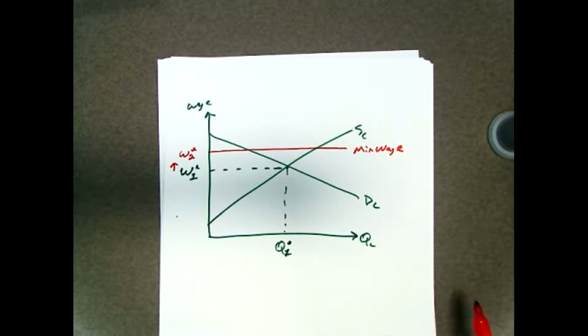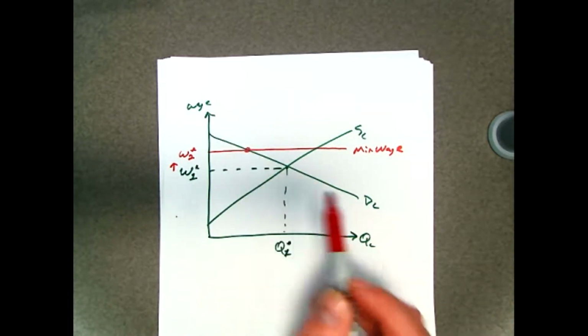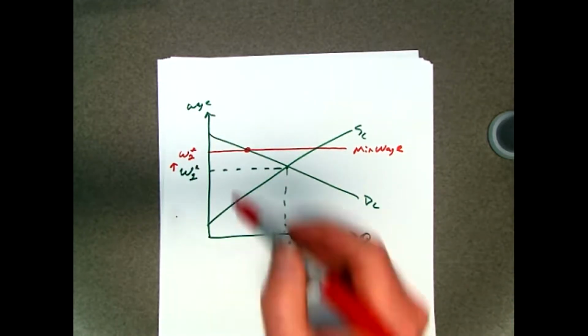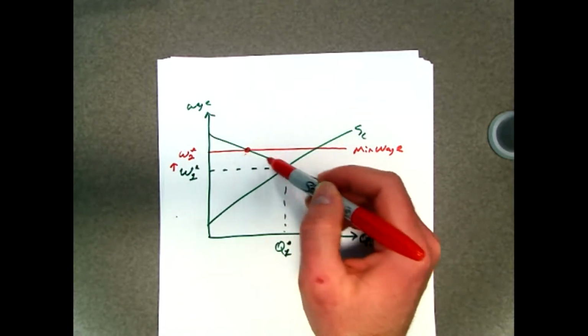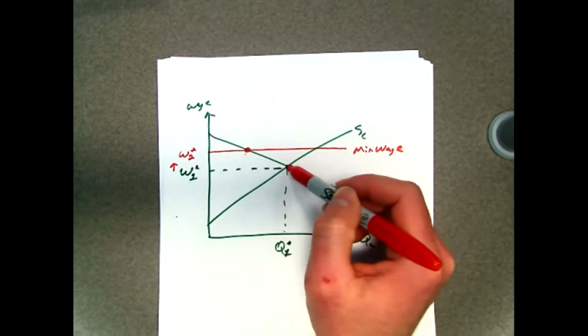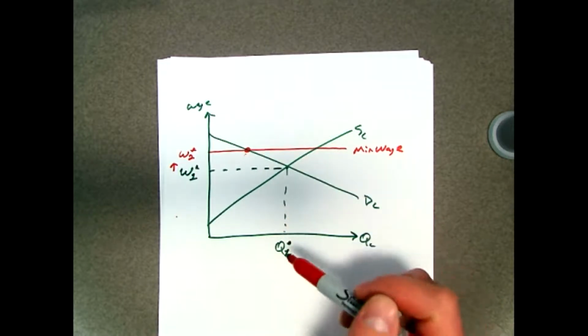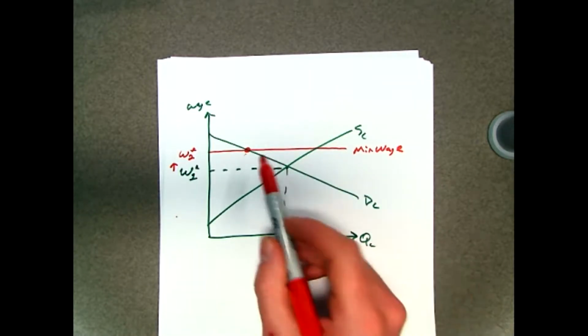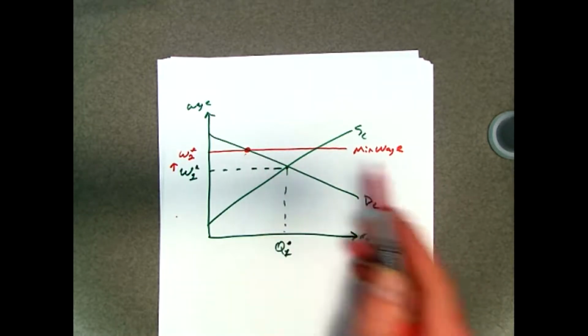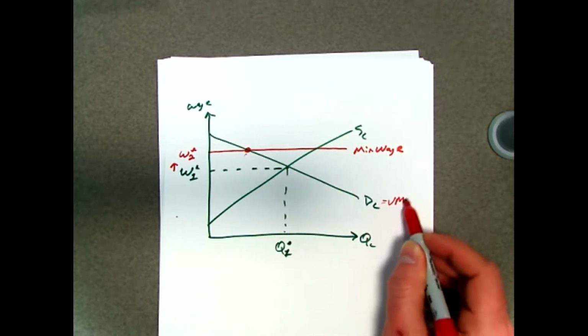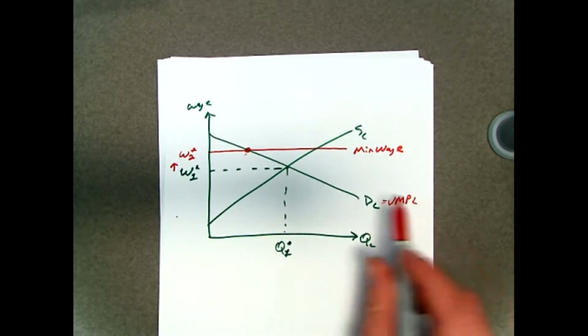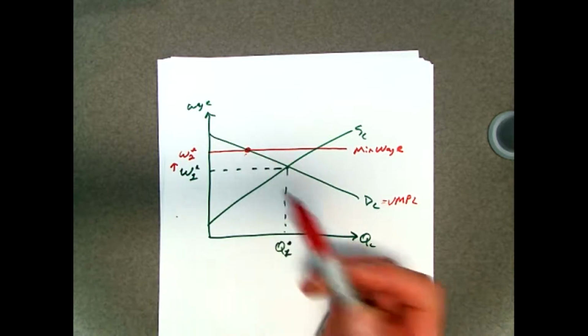However, at that higher cost for labor, those who are demanding workers aren't going to hire anyone who has a value that's less than that wage now. So all these workers here, the value of those workers to the firm is less than the cost that they would have to pay them.